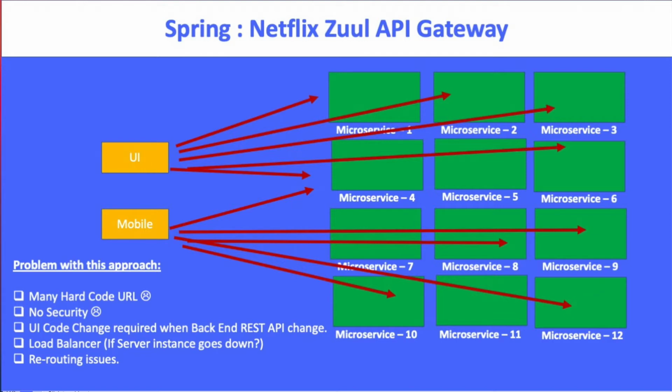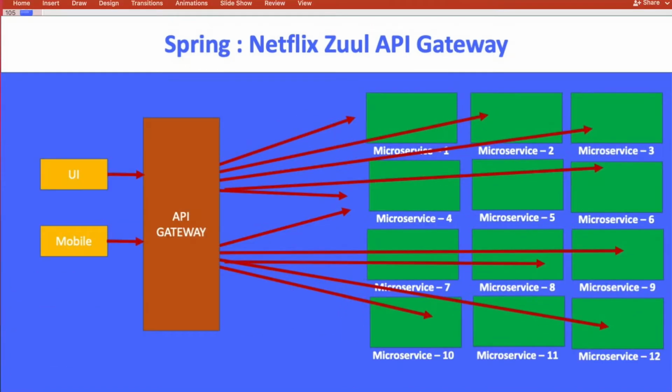Now once you get the API gateway, you have to make just one call. You will always be calling the API gateway without knowing where these microservices are residing. And you can put all these microservices in a private subnet or private network.